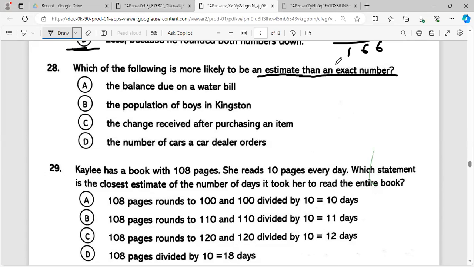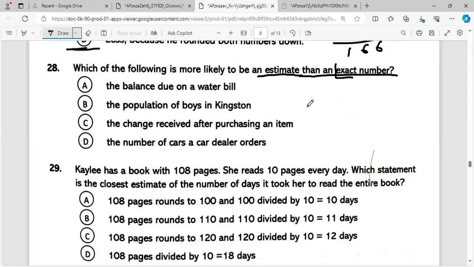Wait, now guys, one at a time. Go ahead. The population of boys in Kingston, because A says the balance due on a water bill, you can get that exact number. The population of boys in Kingston, you can take an estimation, because the next day a boy is going to be born.